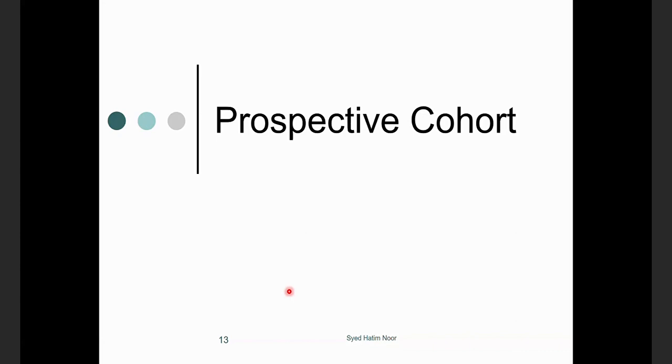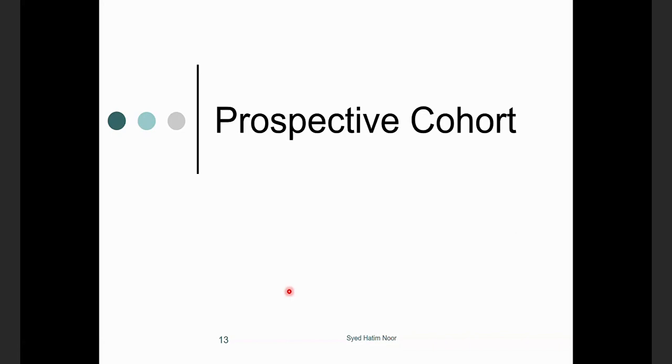You don't tell them, please smoke, I give you a cigarette, please smoke. You don't say that to the other group either. You just observe them. One group is those who are really smokers, another group is non-smokers. You just observe them till they develop heart disease. So that is an observational study.